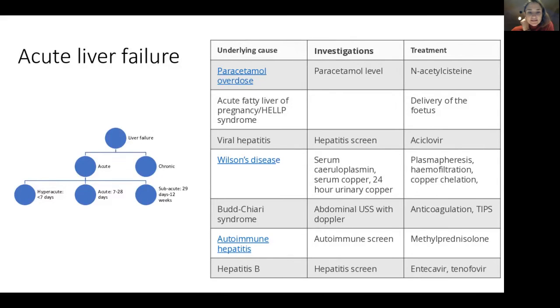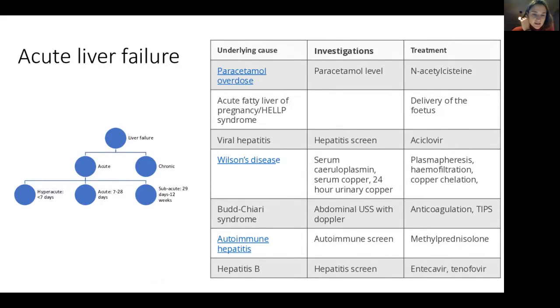Viral hepatitis is picked up on hepatitis screen. I'm sure you know this comes up in exams a lot, all the different antigens involved in hepatitis B, so the surface antigens, the core antigens, etc. And similarly for the other hepatitis viruses, and you can treat them with antivirals.